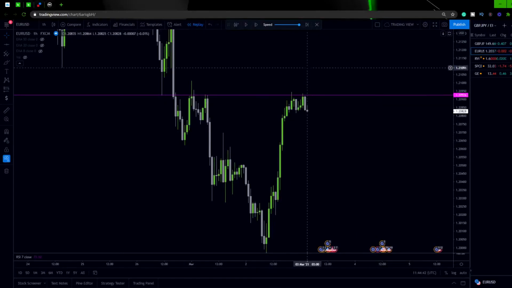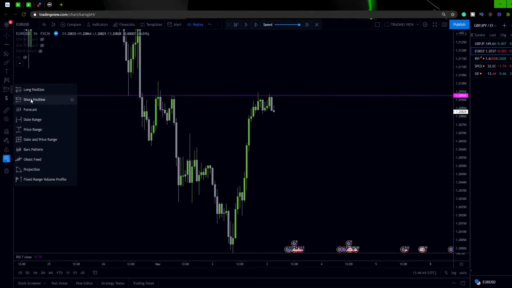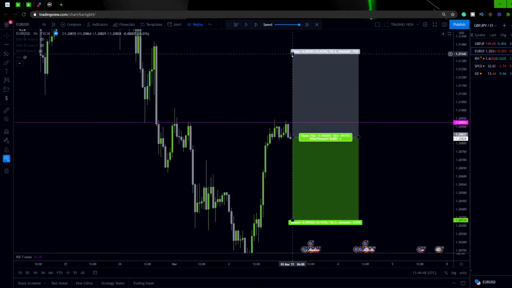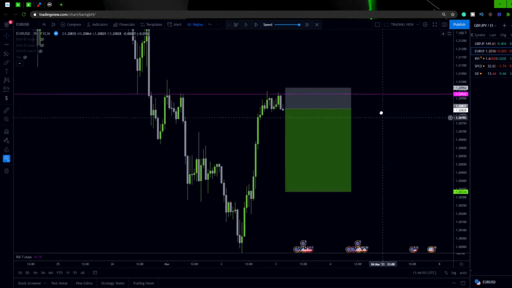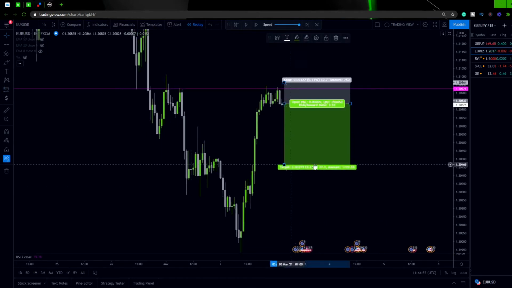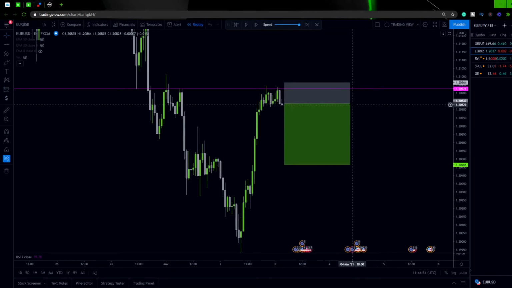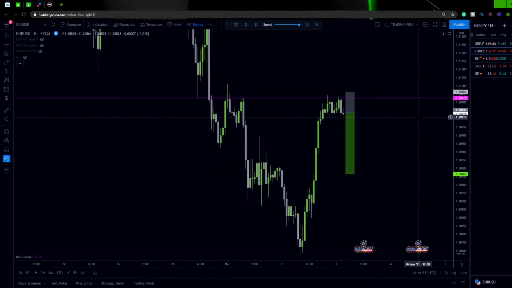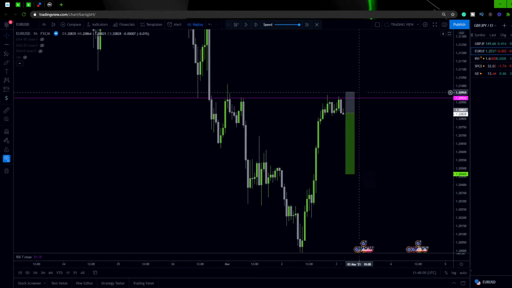However, what we've got to understand is that in this situation, if you've got a lot of traders that are looking at this level to take a short, what have we got above here? We've got people that want to sell this market with their stop losses above here.